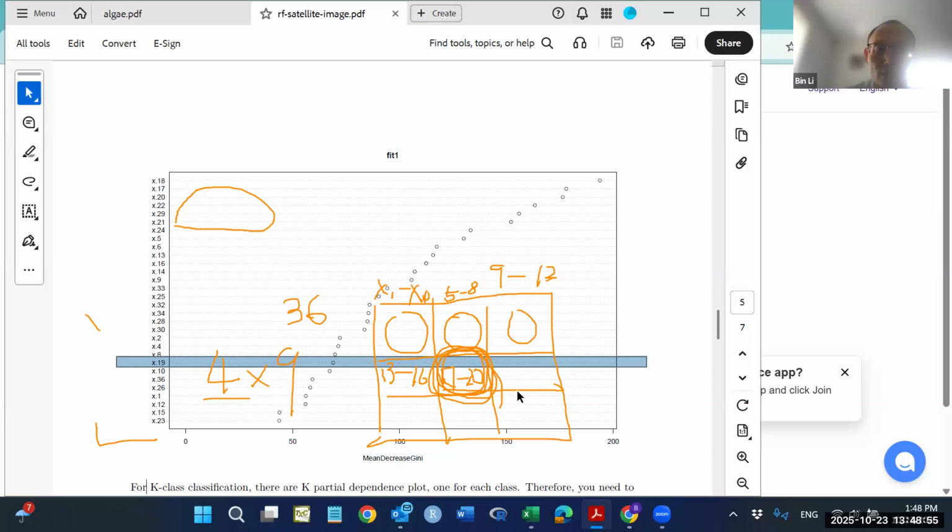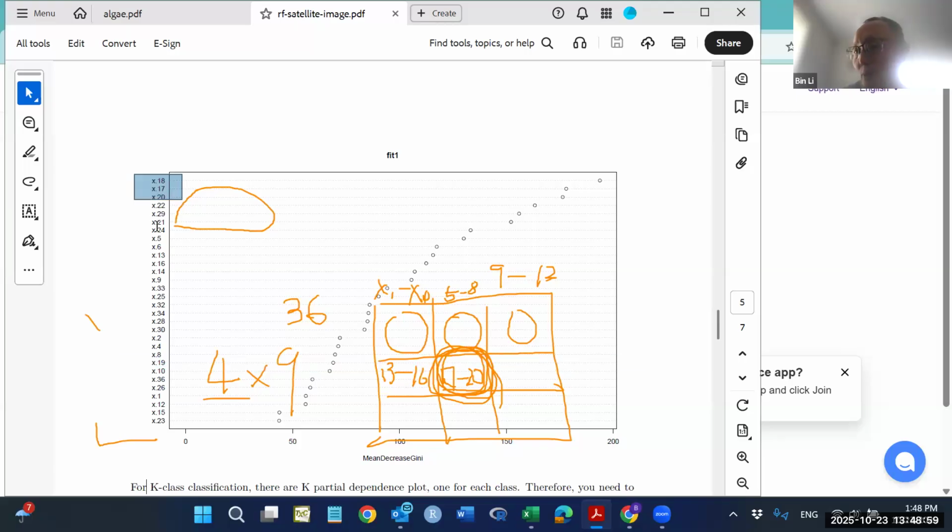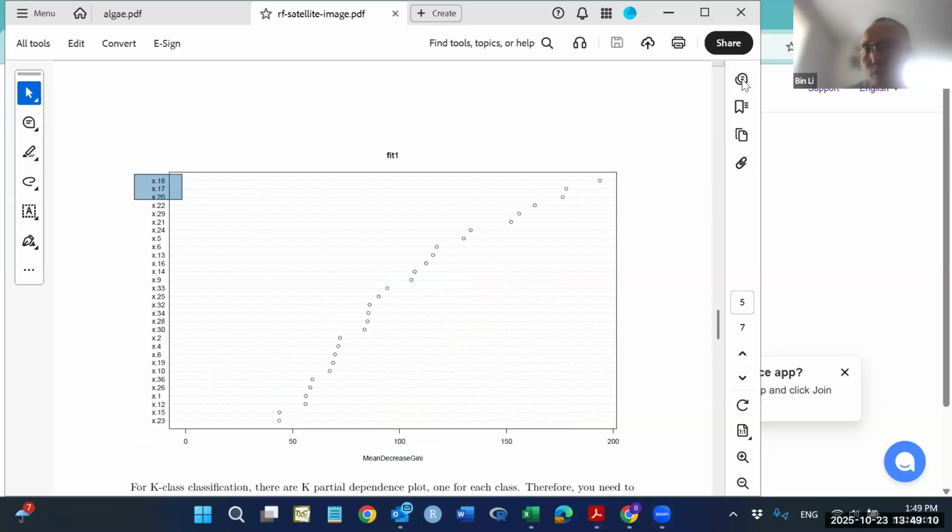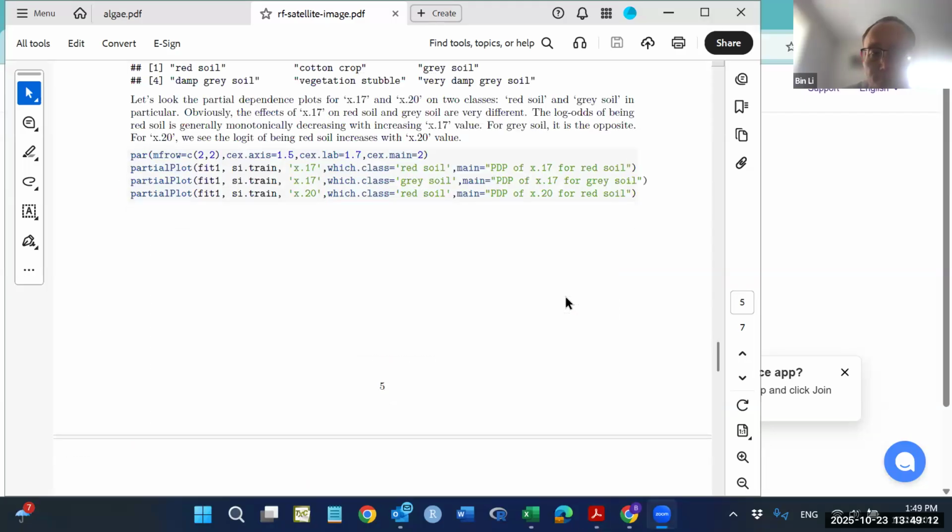Okay, but for X18, 17, 20, these are the 3 most important, and they all correspond to the central. Okay, so this is the interpretation for why these 3 are most important.